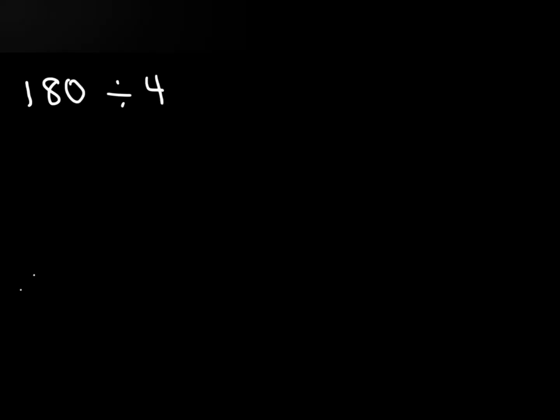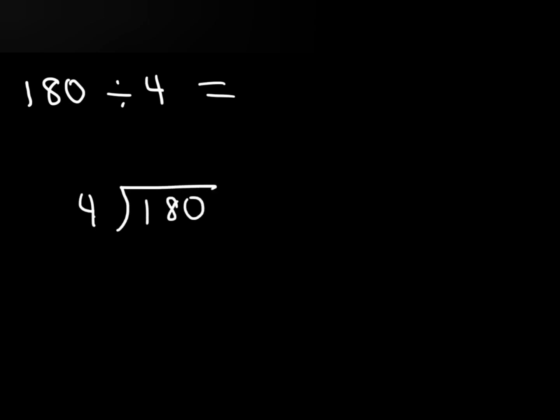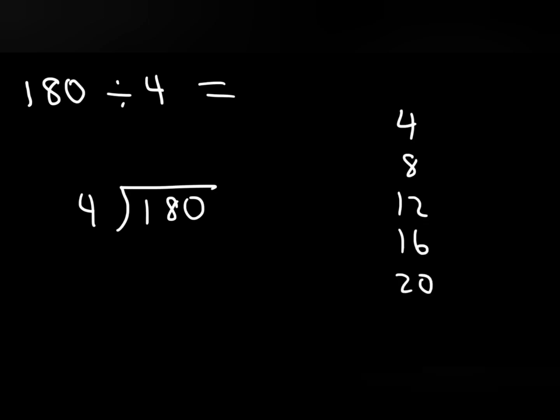Let's try this problem. What is 180 divided by 4? So go ahead and work on this problem. So 180 is the dividend, 4 is the divisor. So 4 doesn't go into 1, but how many times does 4 go into 18? Well, if we make a list by adding 4s, this is 1, 2, 3, 4, 5.